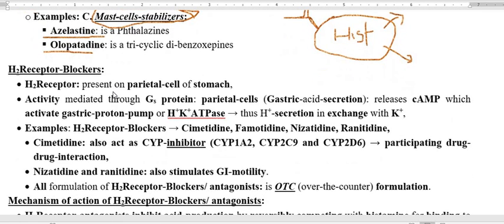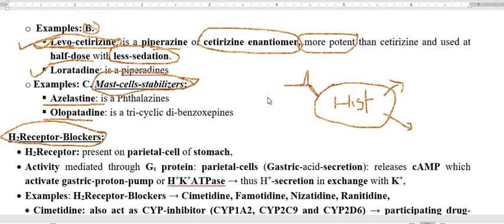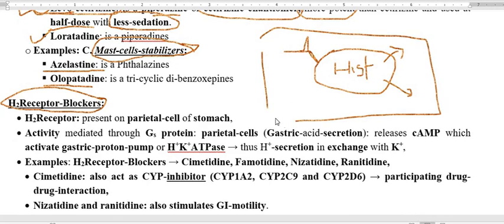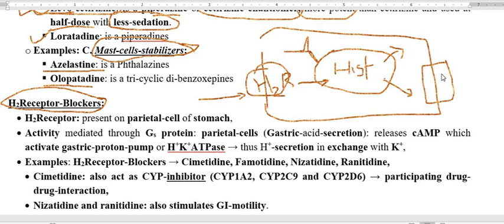Now we have to go through the H2 receptor blocker that we already discussed. On the parietal cell there is an H2 receptor, and histamine is going to attach with the H2 receptor, and therefore cyclic AMP gets raised intracellularly, and this is going to act on another pump or enzyme.